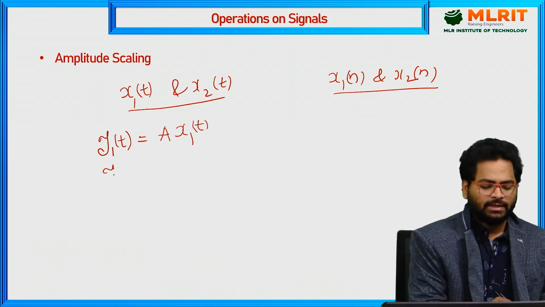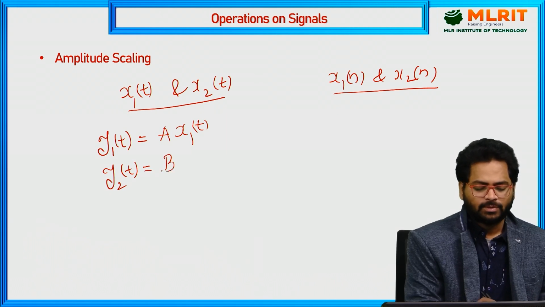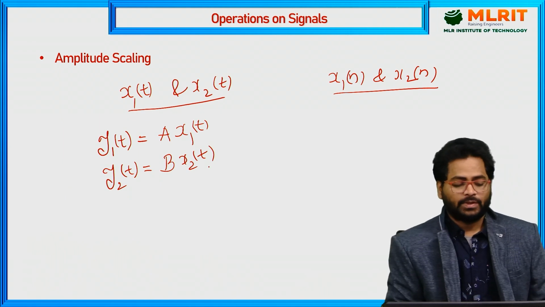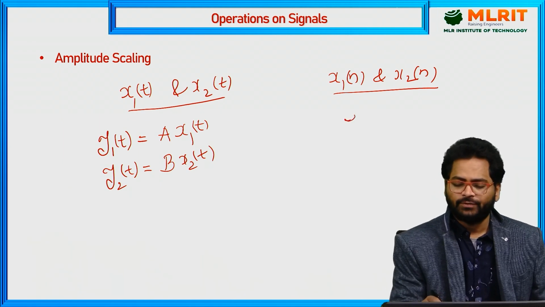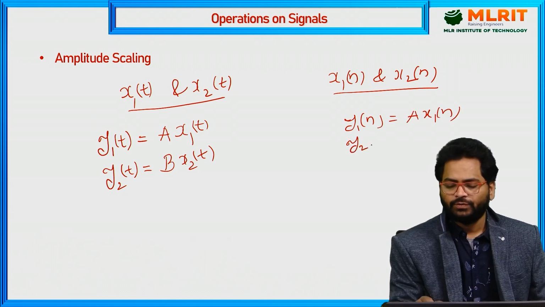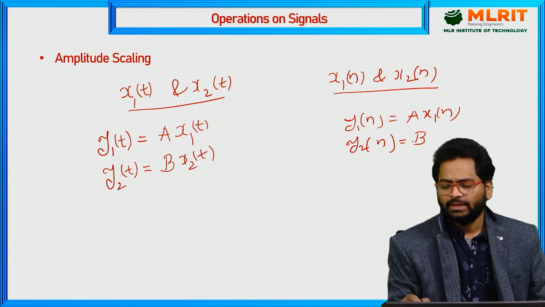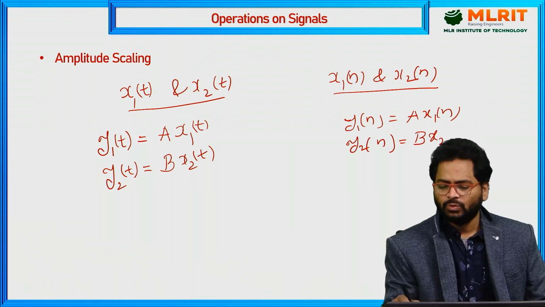Similarly, y2 of t equals b into x2 of t. These are the amplitude scalings. Similarly, in discrete domain, y1 of n equals a into x1 of n, and y2 of n equals b into x2 of n.